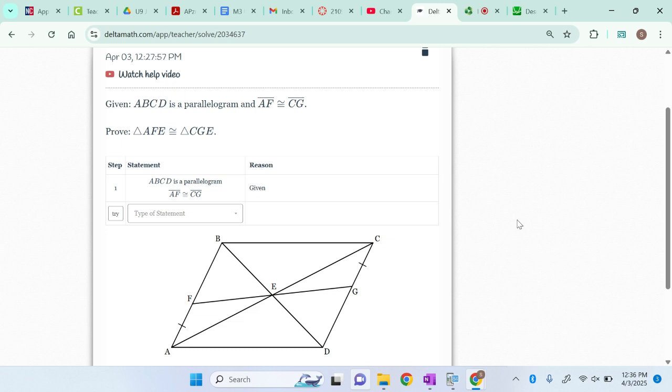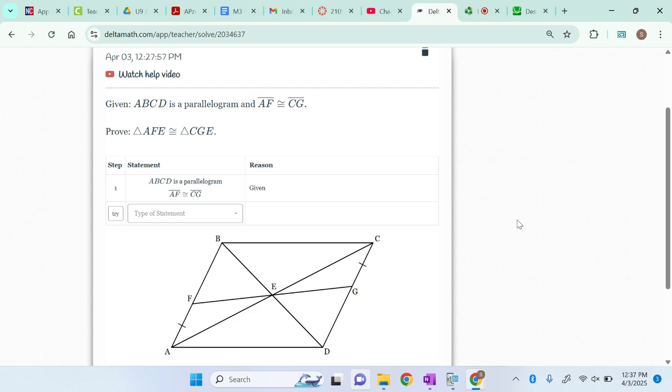Does it work? Did that work for you guys when you tried it? It did or didn't? I think it's like parallel sides cut by a transversal, alternate interior angles are congruent, something like that.